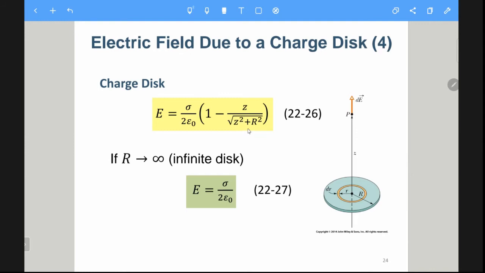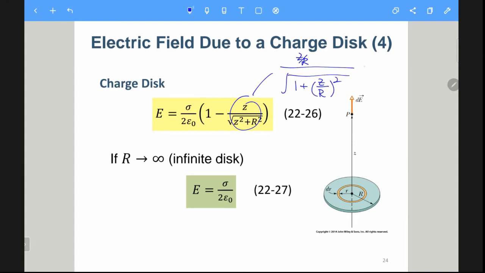For this term only, you can just divide out on the top and the bottom. So we have 1 plus Z squared over R squared, something like this.